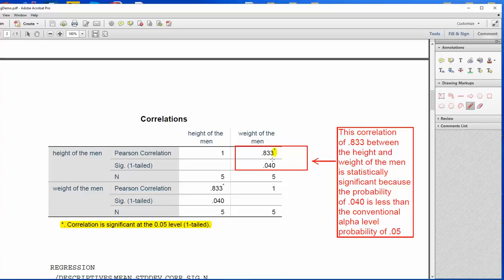Whatever outcome you get, if it is 0.05 or less, 0.04, 0.03, 0.02, it is statistically significant. And as we have seen here, this 0.833 is statistically significant. That is a good, solid relationship between the height of the man and their weight.